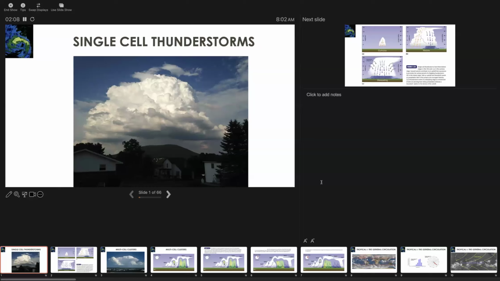The tropical material, I updated a couple of the graphics in the tropics. We're going to break that up into three. The first part of the tropics will deal with the large-scale general circulation. Then we might get to that today, not sure.